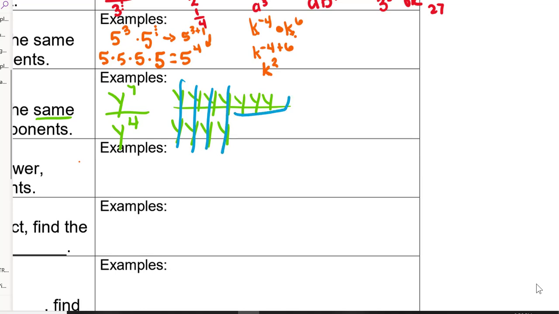And what I have left are these 3 y's on top. So y times y times y in the numerator. And the shortcut for writing that would be y to the third.